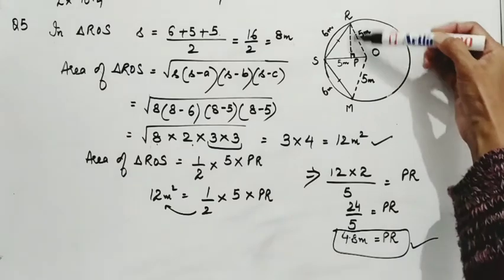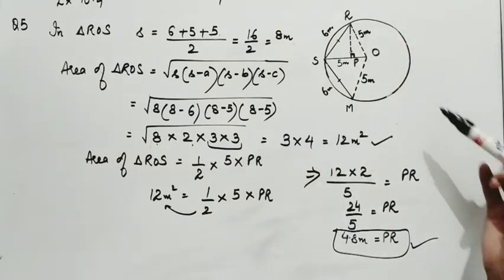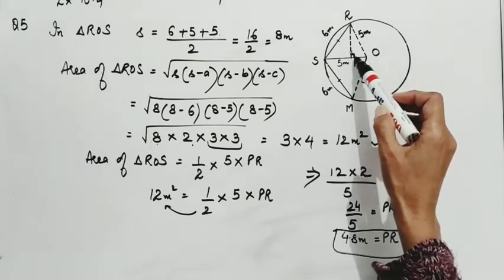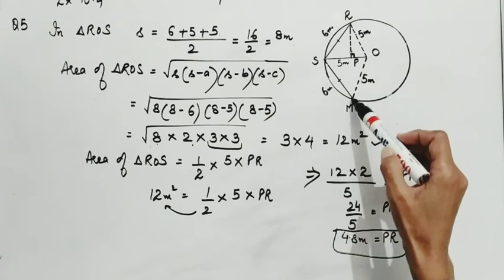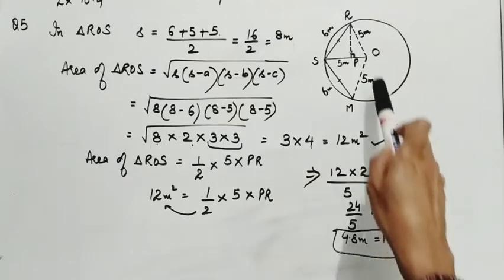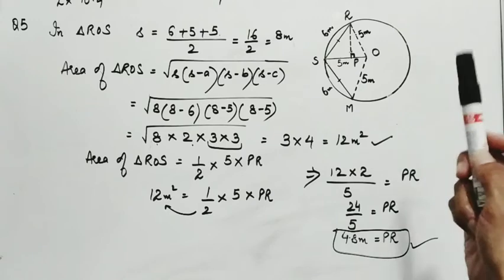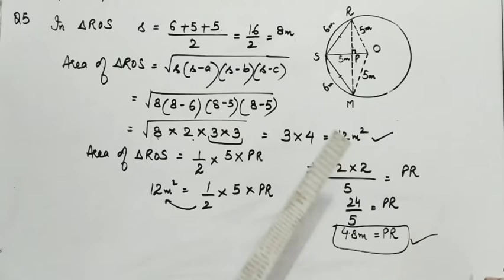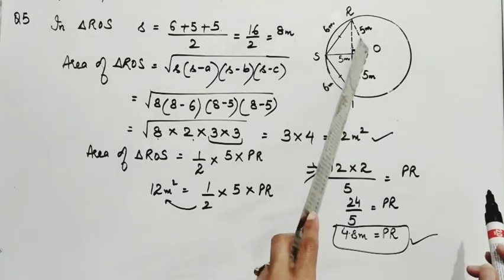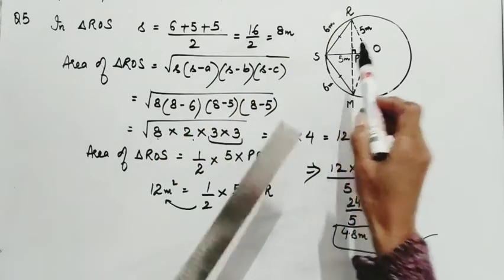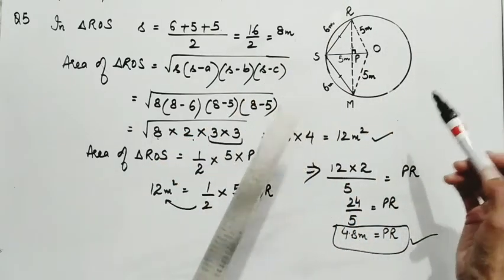Now observe this carefully. OP is perpendicular to, if I join RM, it would be a chord. A perpendicular drawn from the center to the chord bisects the chord. Okay, let us see. From center to this chord RM, OP is serving as a perpendicular, and we have done this in a theorem.